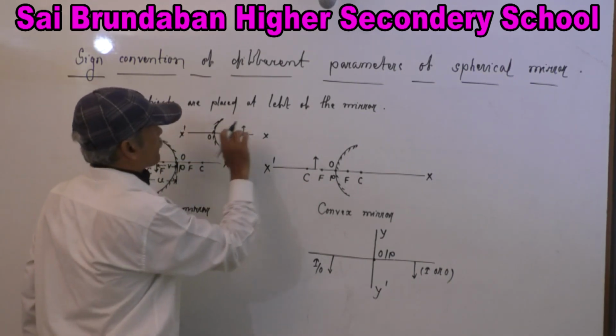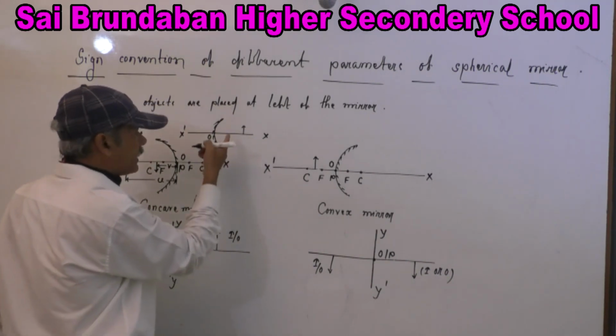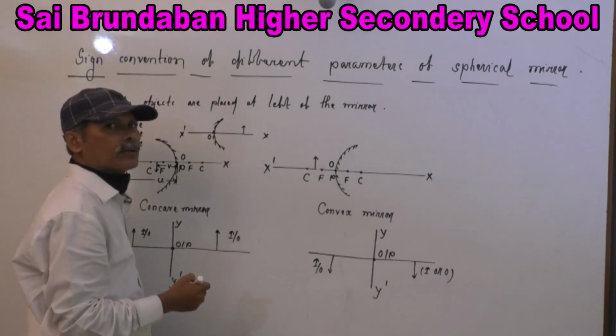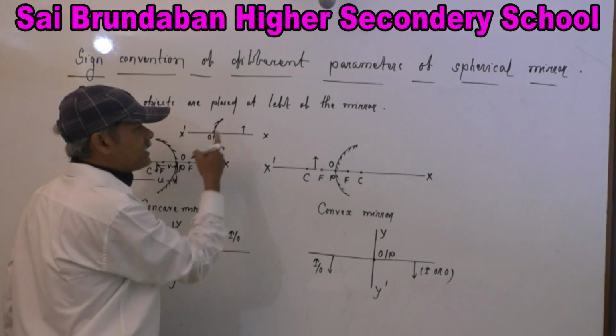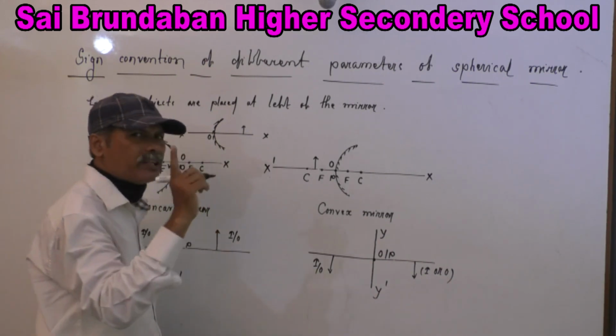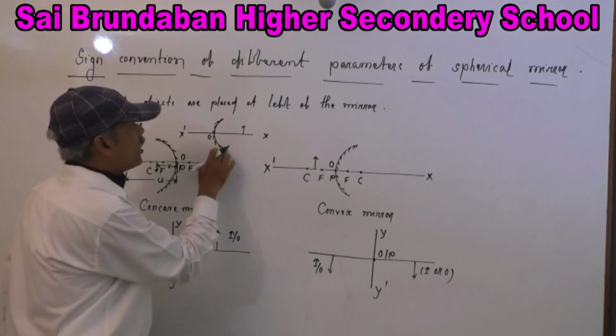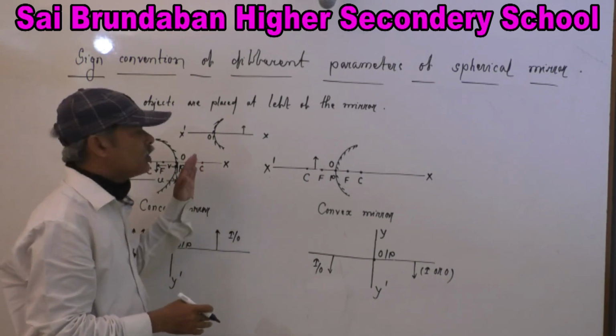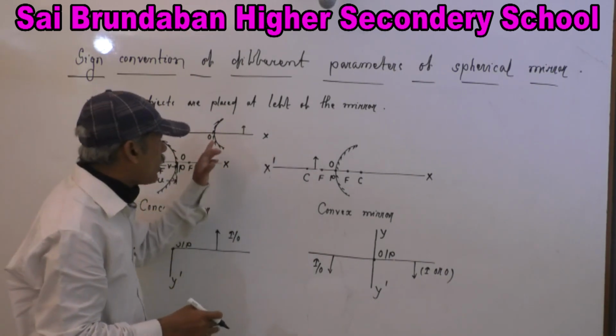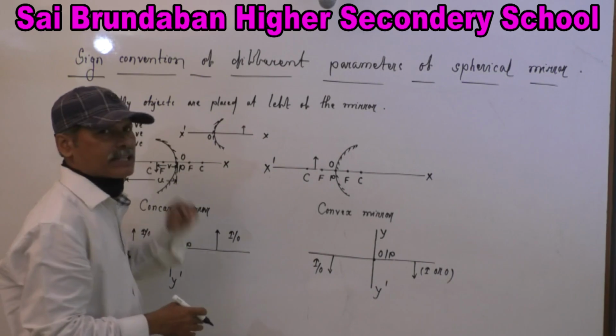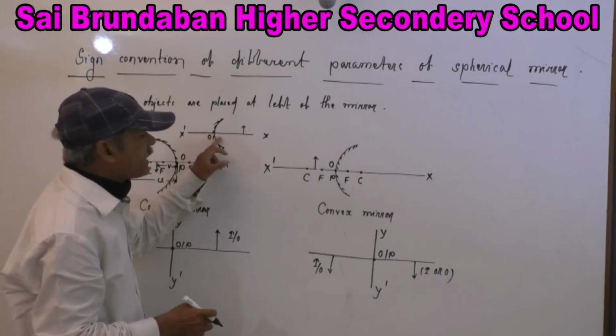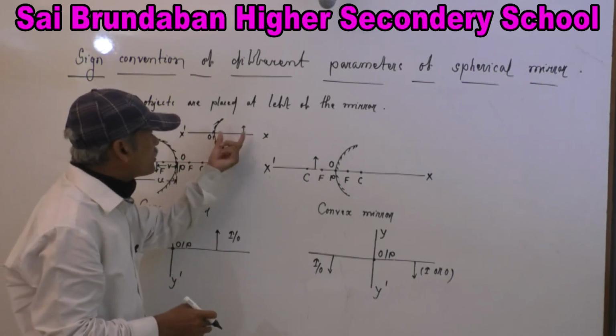So now, in this case, you shouldn't look at whether the mirror is facing towards the positive x-axis or the negative x-axis. You shouldn't worry about the mirror, but you see the position of the object on the axis.